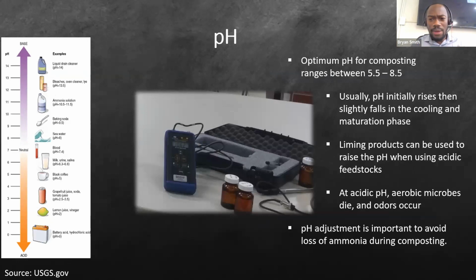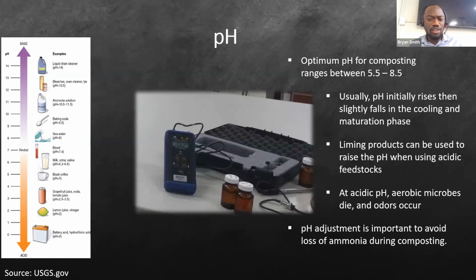And so the pH literally affects, have you ever heard them tell you to drink alkaline water, not acidic water? Because it affects us similarly. The pH affects microbial activity. And usually pH rises and then falls, right? So in the beginning, when you start off the composting process, the pH is going to increase and then it's going to fall.